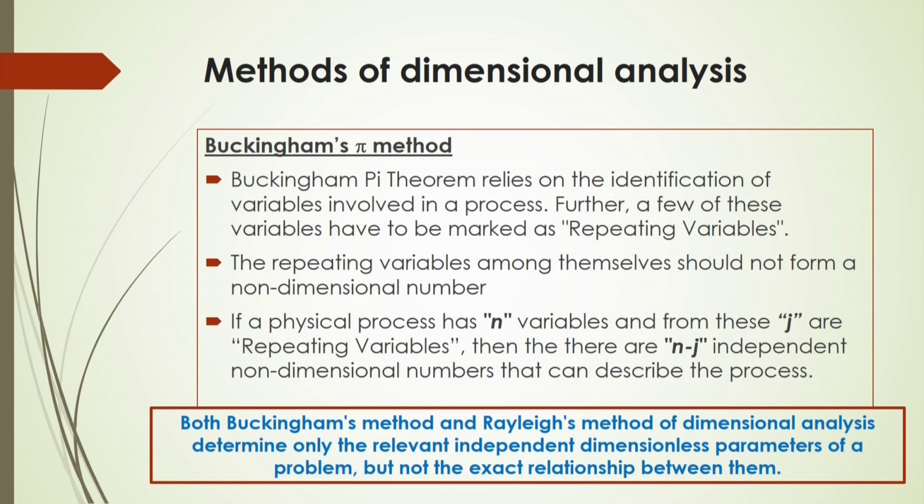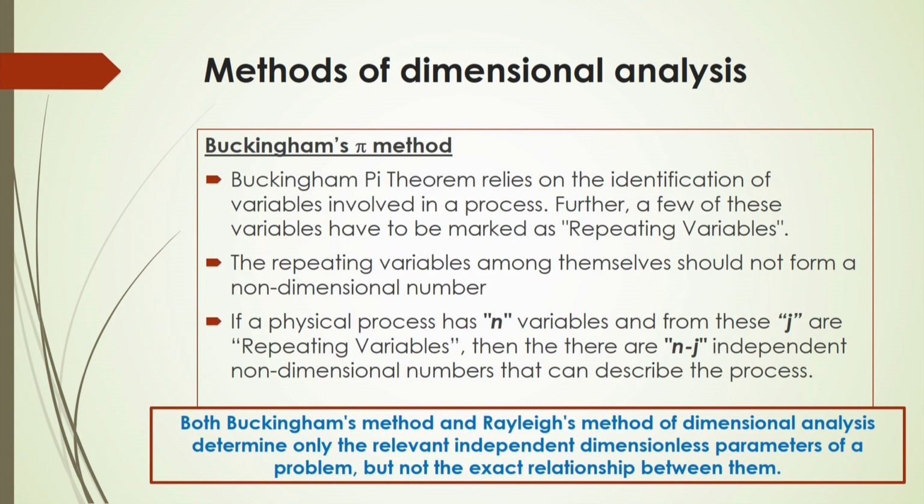The repeating variables among themselves should not form a non-dimensional number. So, if a physical process has n variables and j of them are repeating variables, then you can say that n minus j independent non-dimensional numbers can be formed to describe the process.